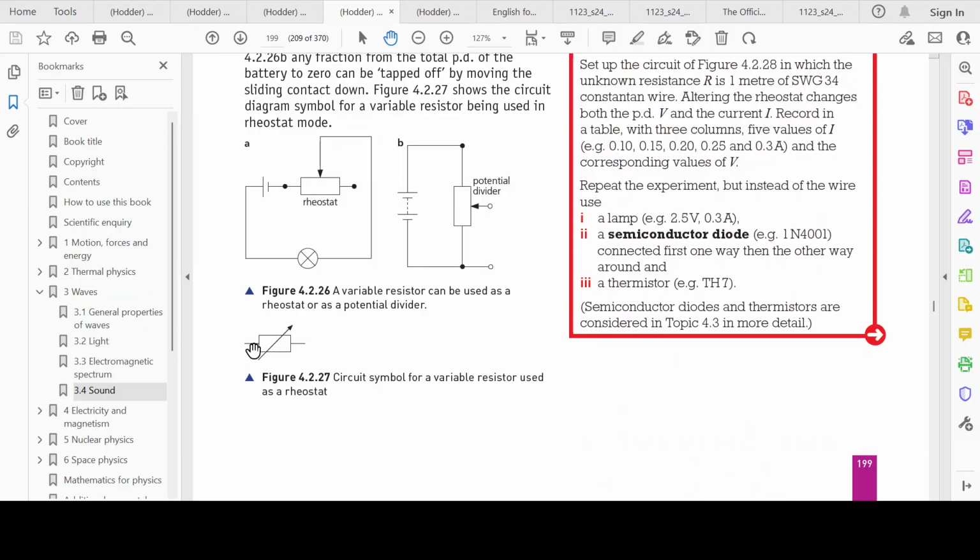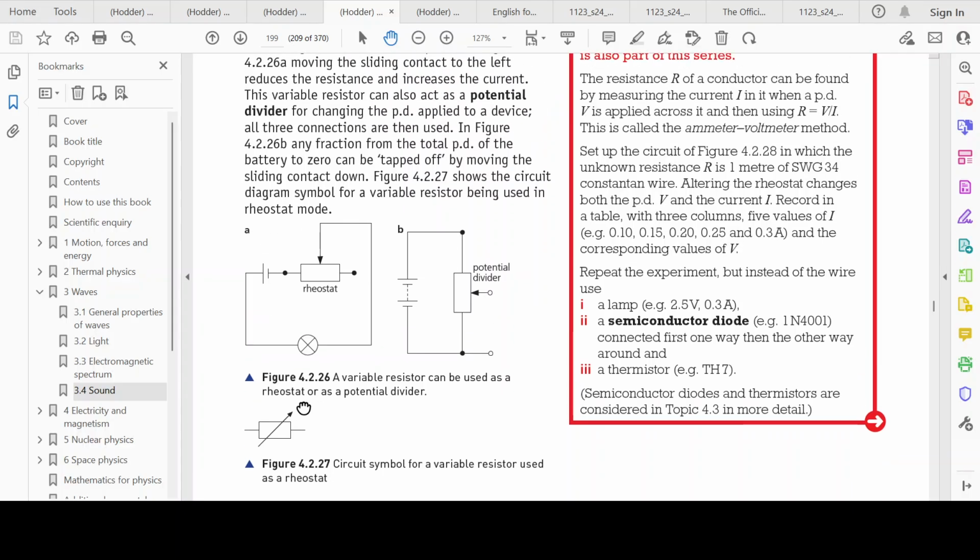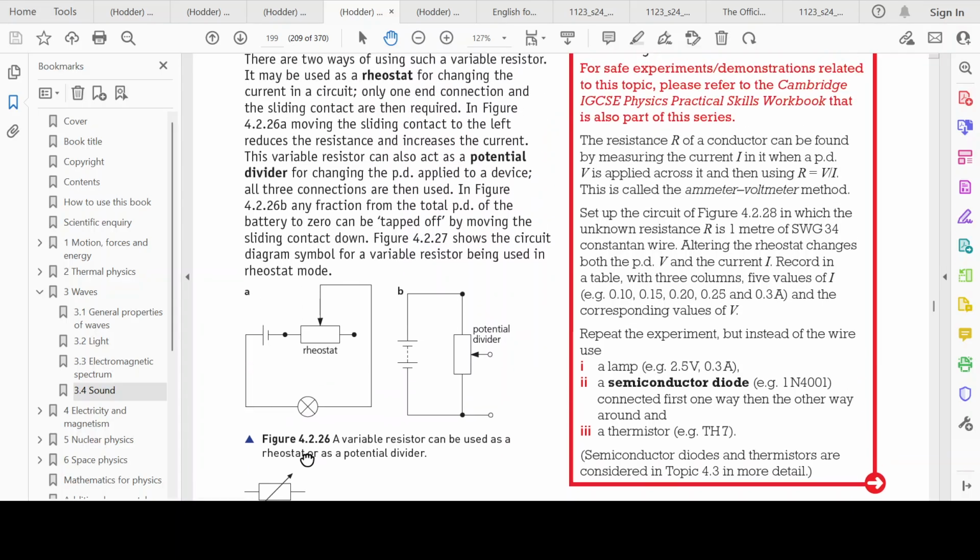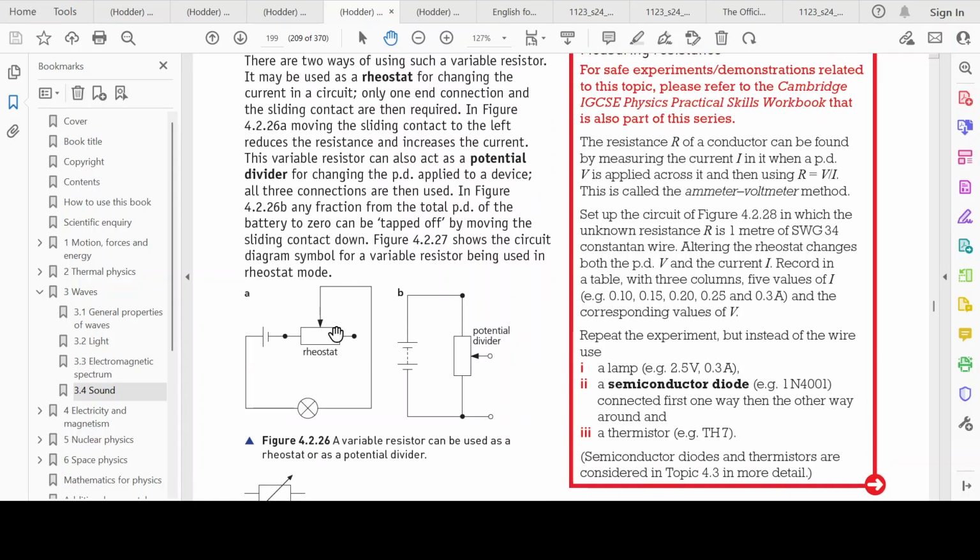A variable resistor is shown as a rectangular box with a diagonal arrow pointing upward from left to right. But more specifically, if you're talking about a rheostat in which the current can be changed, this is what it looks like. So a rectangular box, and they have this arrow pointing in the middle of it, which shows that the current can be changed.